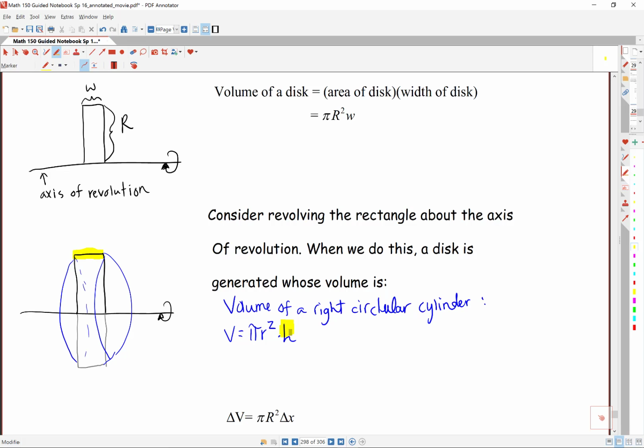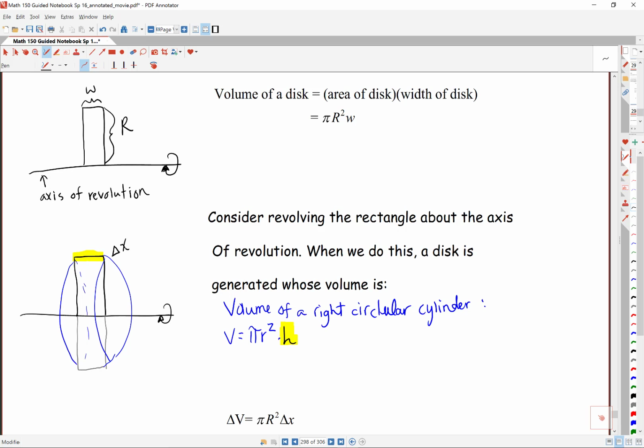And what we call that height measure is the change in x in this case from this orientation, right? Now, if you take a look over here at this measure right here, that actually happens to be our radius. When we're speaking of the disc, and you'll see why we do this soon, we call this capital R, and it's in terms of x with this orientation.